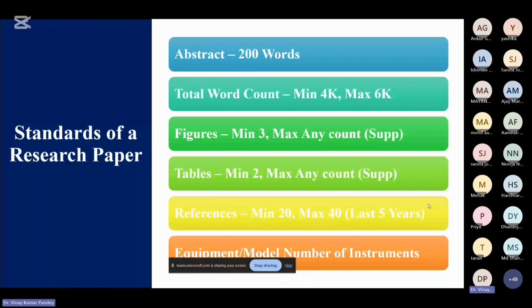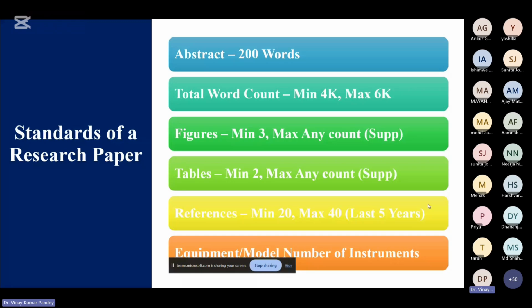Maximum is 40 to 50 references. And that should be latest, because your latest research is only being cited, because journals always want trending. They just want the latest research, because if a research has been done 10 years back, and now you are going to publish it, it will not be published for sure, because the market criteria has changed, the trend has changed, and your research has become old age research, right?